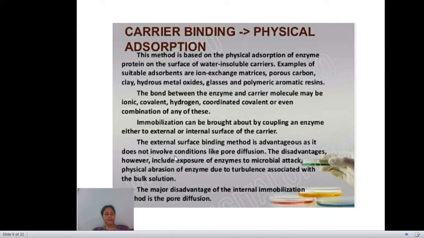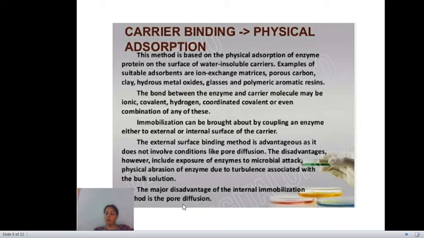The external surface binding method is better because it does not involve conditions like pore diffusion, and the disadvantages are exposure of enzymes to microbial attack, physical abrasion of enzyme, and the major disadvantage of internal immobilization method is the pore diffusion.